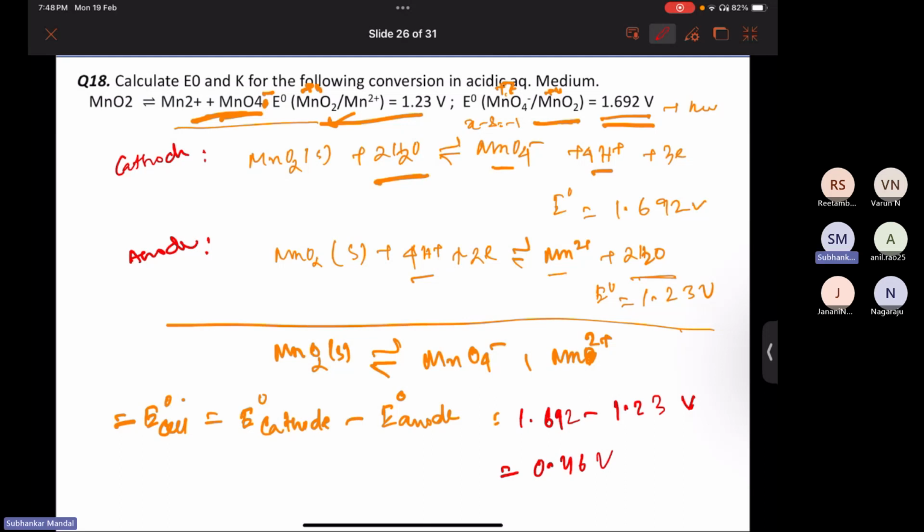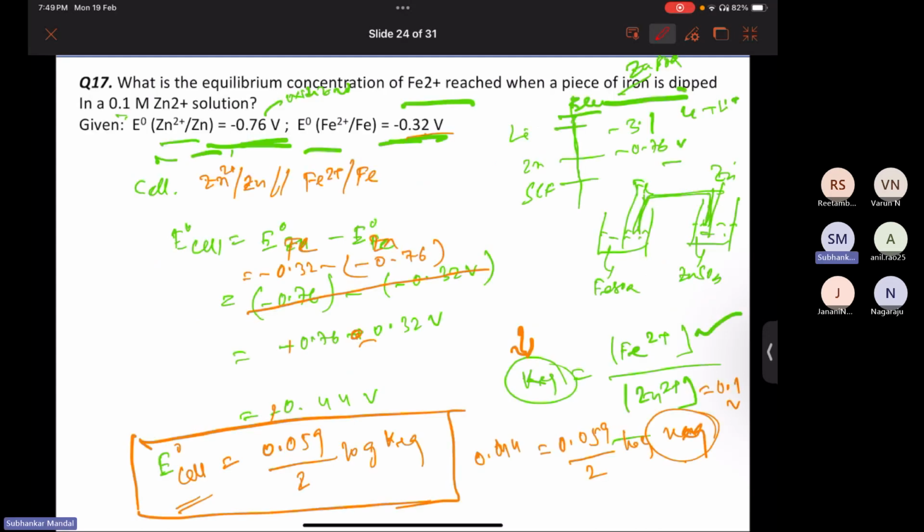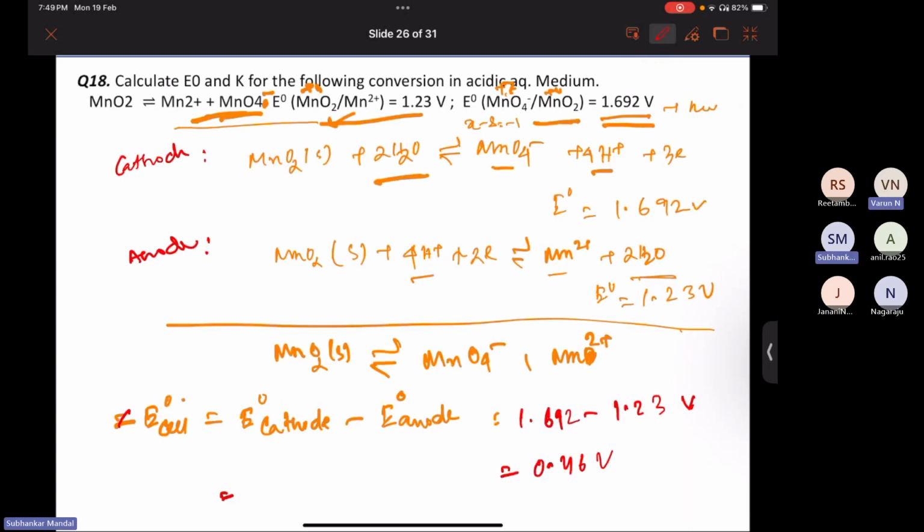Okay, so now E cell is calculated. Now we have to calculate the K value. Whatever we have done last, this equation you have to put and then we can calculate.